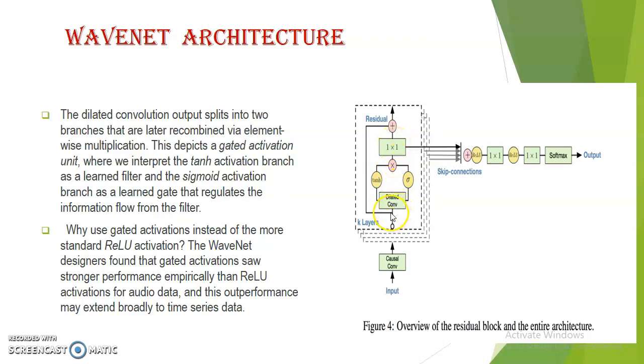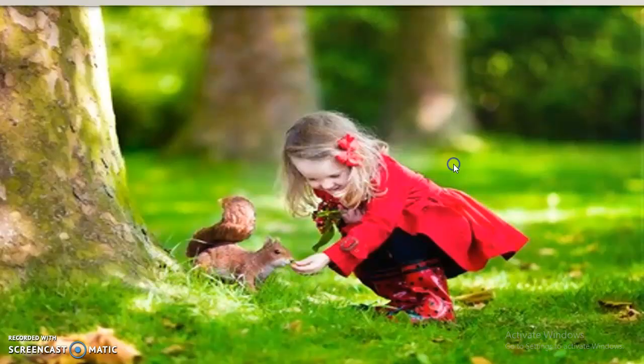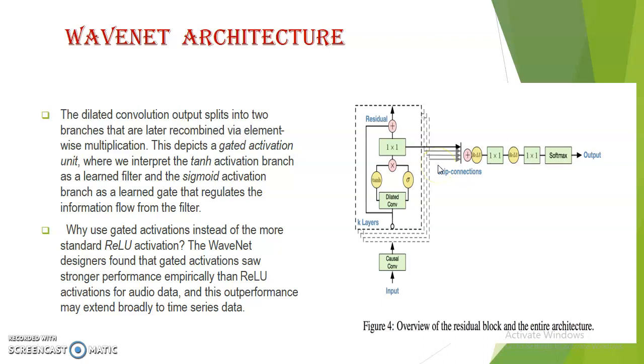If you see here, before the dilation there will be a residual. This residual will be directly skipped to the point after this 1x1 filter, and then after that there is a skip connection. So we are skipping some of the neurons, and then we are passing.